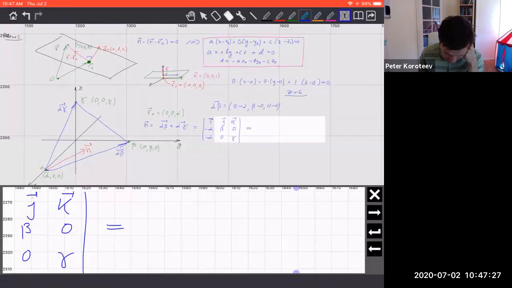Okay, so can we calculate this cross product? What will be the components of this vector? We just need to take the determinant of the 3 by 3 matrix.